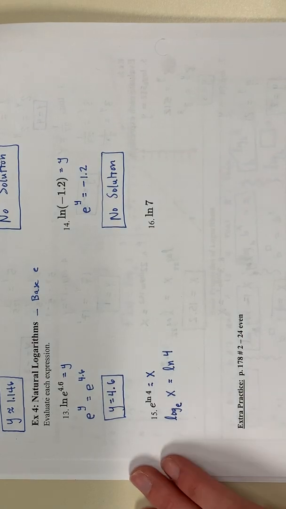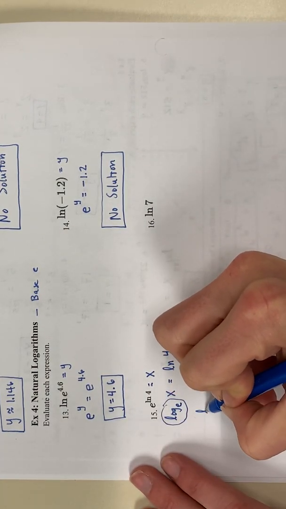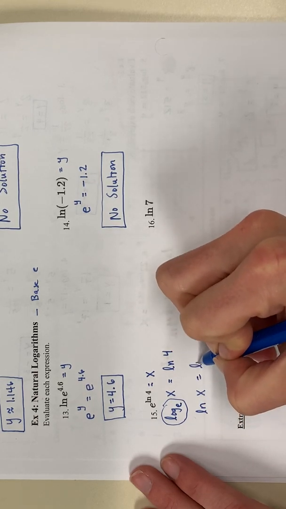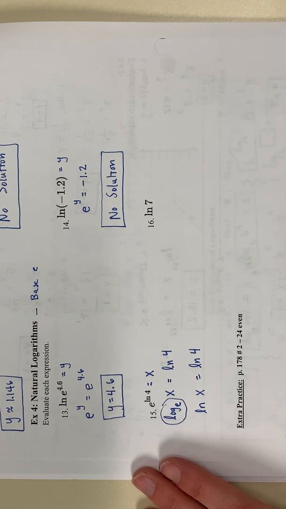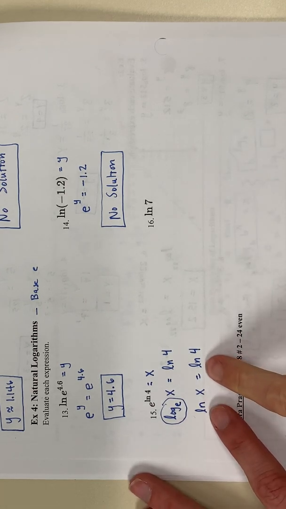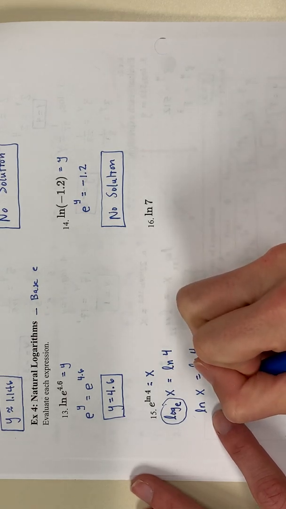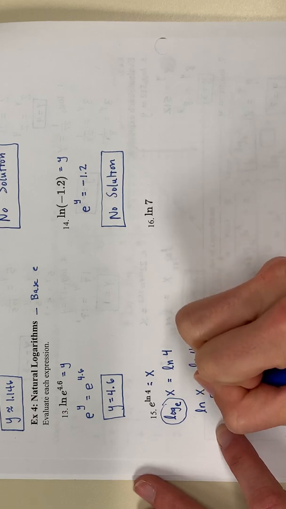Remember, log base e is the natural log. So this is really the natural log of x is equal to the natural log of 4, because we do not write log base e. When it's the natural log, we write ln. So notice the logs are the same. They're both natural log. So we can set the quantities that follow each log equal, and x is equal to 4.